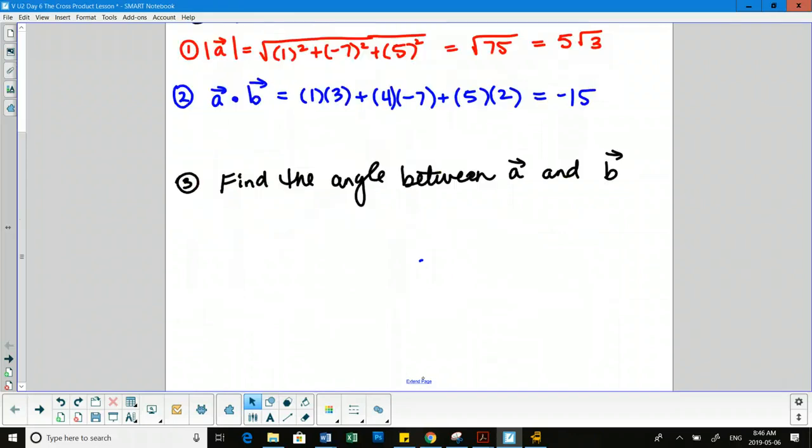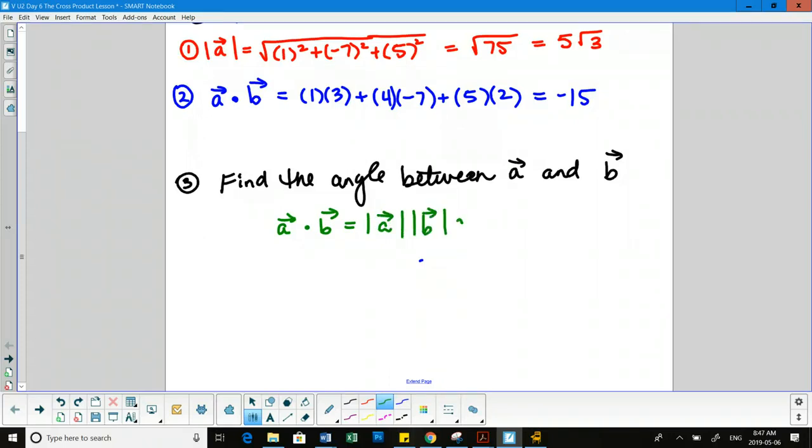And then we are tasked with finding the angle between A and B. How would we do this? How do we find the angle between two vectors? Yeah, so we're actually going to use the geometric dot product formula to help us out. Basically we take the geometric dot product formula where we use cosine of theta.